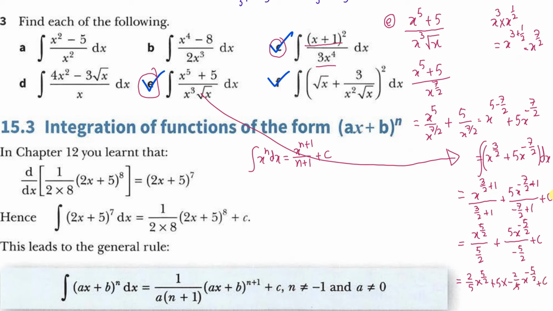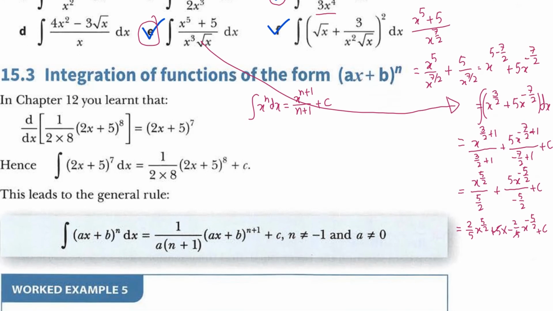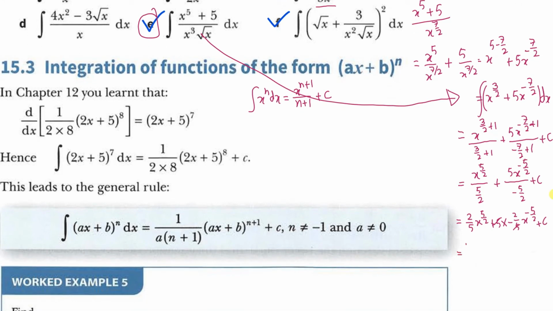We can cut out this 5 and 5. So finally we can write our answer like this: 2 by 5 x to the power 5 over 2, then there is a minus sign, 2 x to the power minus 5 by 2, plus c. So finally we can leave our answer here.